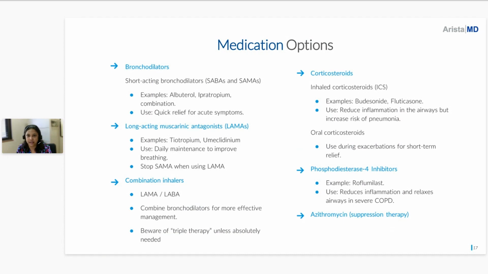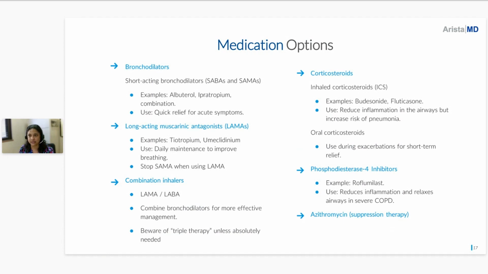They can be given as metered dose inhalers or as nebulized treatments. The inhalers tend to be more compact, readily available, but these medications are used for the quick relief of acute symptoms. We use the longer acting therapies for maintenance therapy.